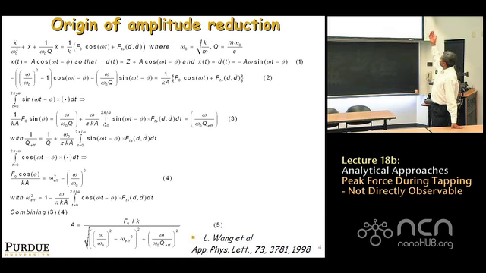Plug these things into the equation of motion at the top, and you get equation 2. You multiply that whole equation by sine omega t minus phi and integrate over the time period. And you get exactly the equation 3 that's shown out there, okay?